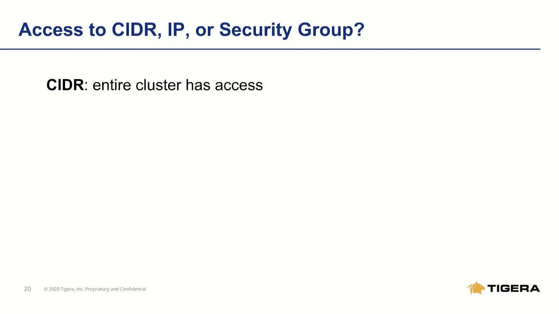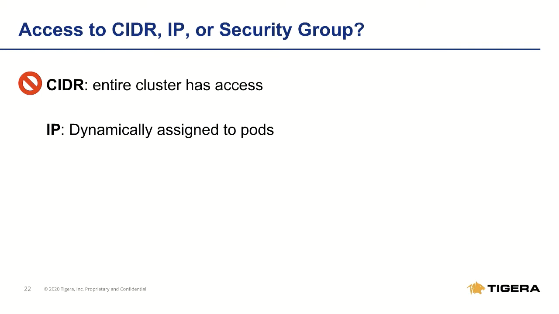Anything that would be deployed to Kubernetes would be allowed to connect to that RDS database or that S3 bucket. That's probably not the best option, because in most cases you want to control access, and you'll have security teams and data owners who will want to make sure that only the specific workloads that are allowed to connect can connect.